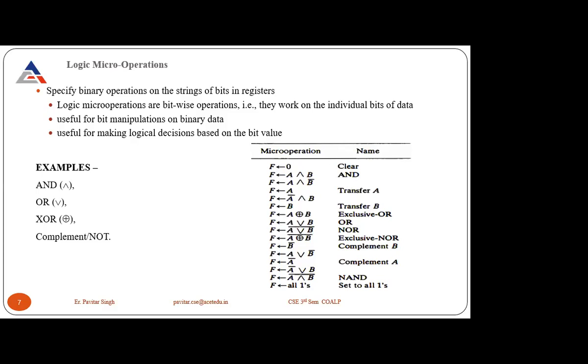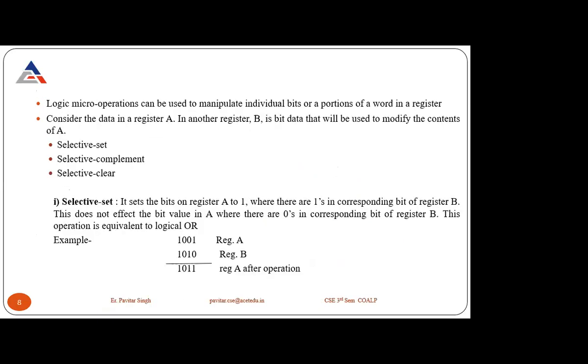Next we have A and B. Let's take some examples. Logic micro operations can be used to manipulate individual bits. Let me show you some live examples for the operations.